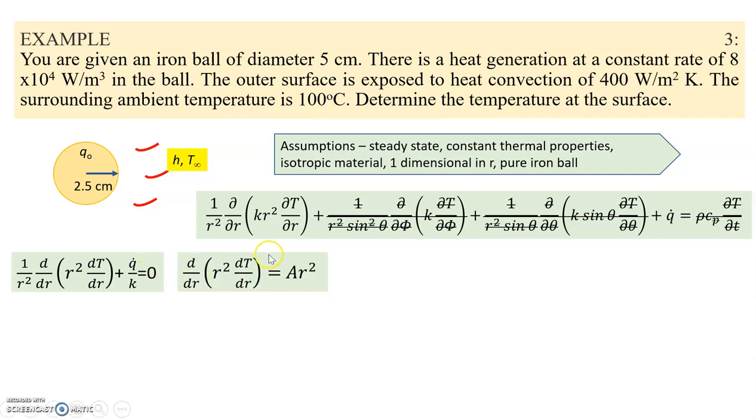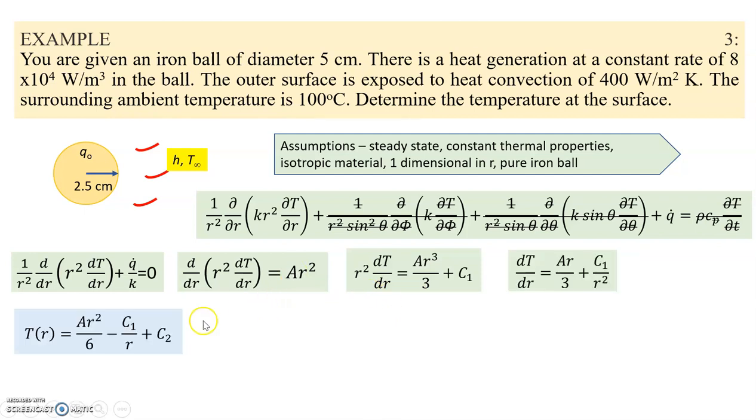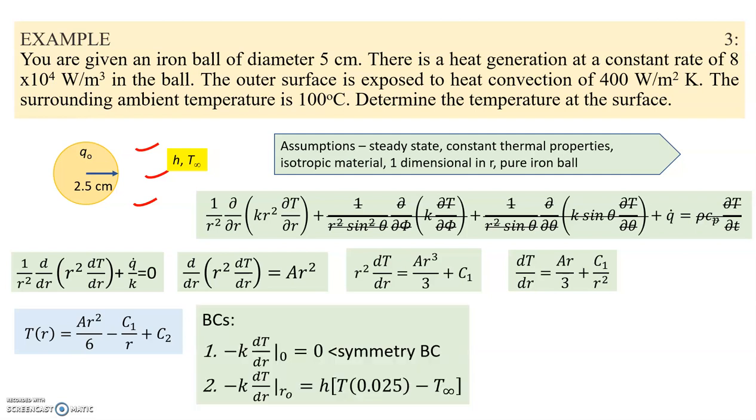And simplifying again, I've made Q dot over k, minus Q dot over k, to be A for now. Then you integrate once, integrating it twice, you get the temperature profile within that spherical ball with two constants of integration, C1, C2.